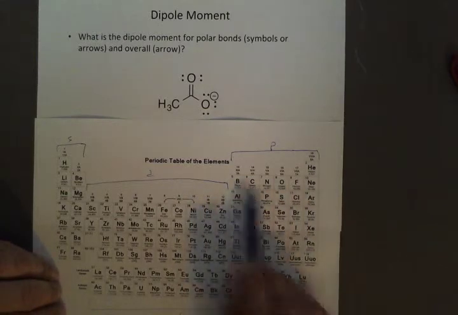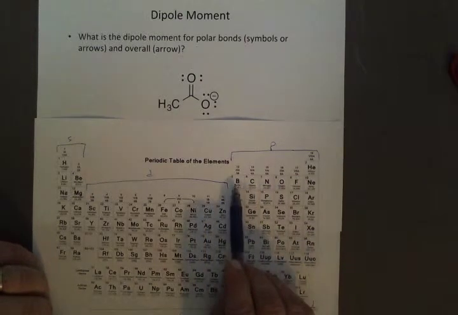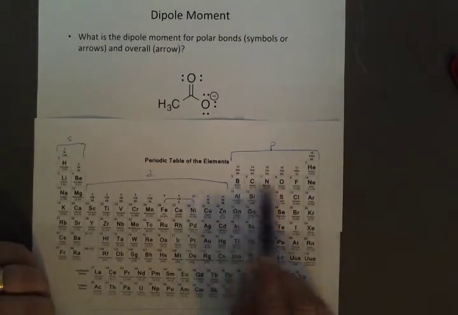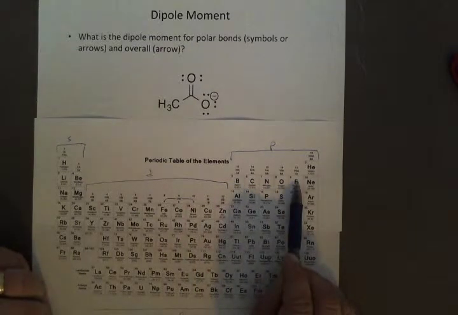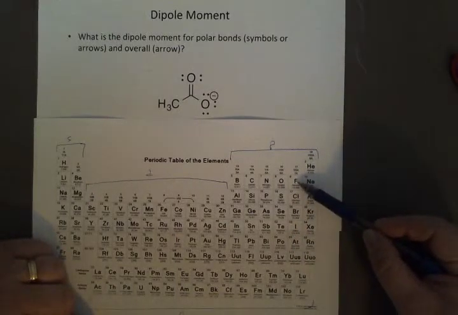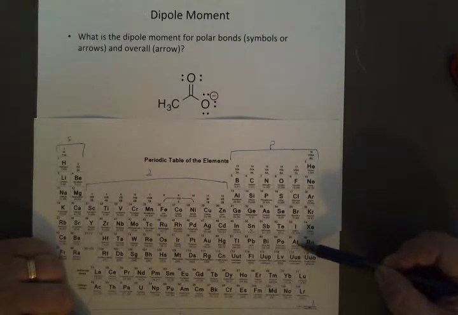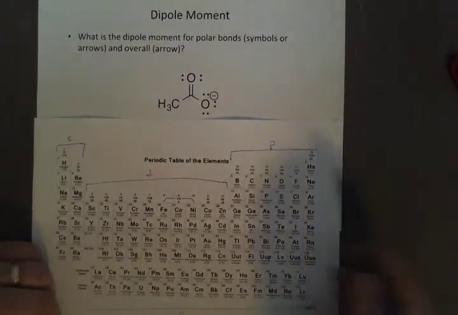Going across, electronegativity goes fluorine, oxygen, nitrogen, carbon, boron. Of these 5, boron's least electronegative, but fluorine is the most. And going down, fluorine's going to be the most and astatine is going to be the least electronegative. So you just have to look.